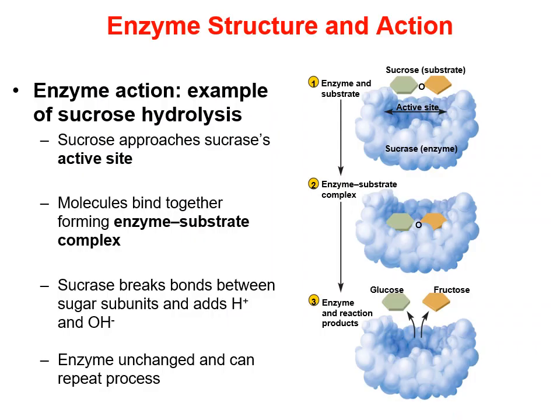So this picture shows the action of an enzyme. So an enzyme is specific to a substrate. So this is an example of sugar hydrolysis. So the substrate is sucrose or sugar. The sugar attaches to a region on the enzyme known as an active site. And once the sugar attaches to the active site, it forms something called an enzyme substrate complex.